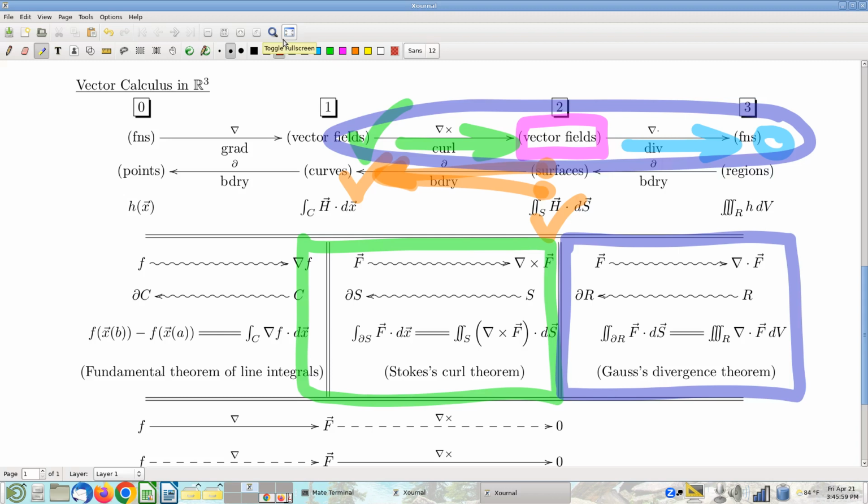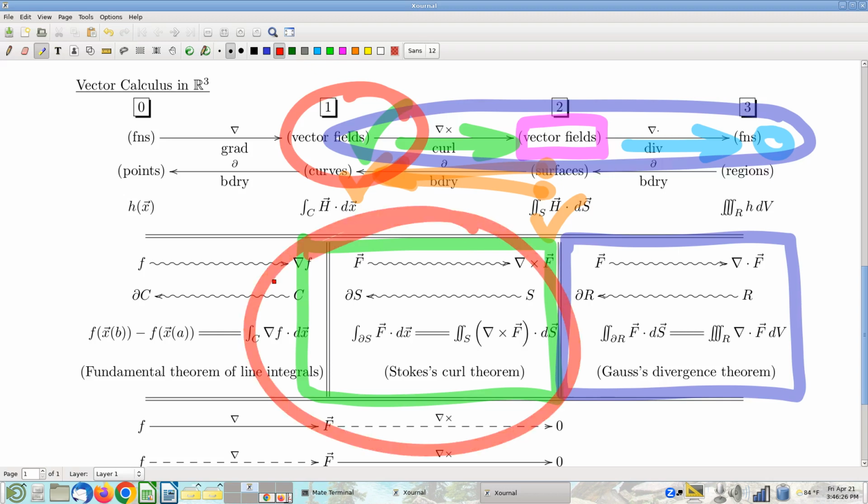These special vector fields that are curls have divergence equal to 0 and are surface independent. Namely, if you have two surfaces with the same boundary curve, then you get the same flux. When there is an anti-curl, that tells you Stokes's curl theorem is on the table and applies.